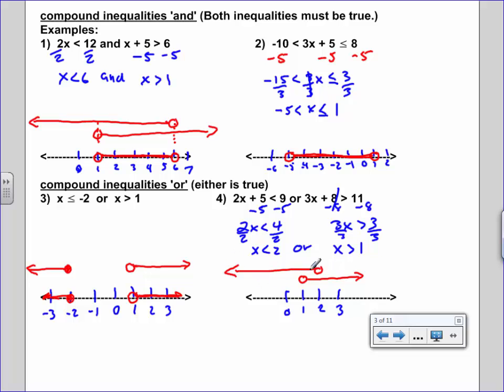So at least one of these is true over the entire graph. So that says no matter what number you pick out, at least one of those is going to be true. So we say that as all real numbers. An abbreviation for all real numbers looks like an R with a line like that. All real numbers.